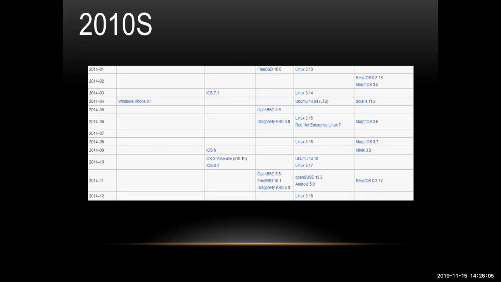And then November, we had the OpenBSD 5.6, FreeBSD 10.1, Dragonfly BSD 4.0. And then openSUSE 13.2, followed by Android 5.0, and ReactOS 0.3.17. Then lastly for December of 2014, we had the Linux 3.18.